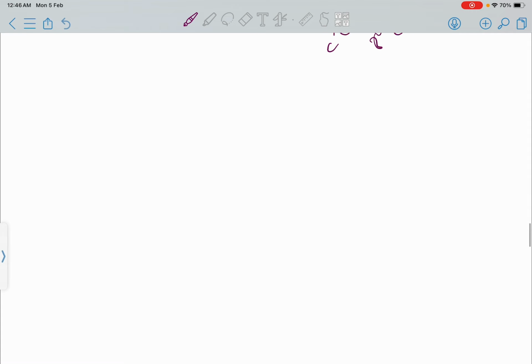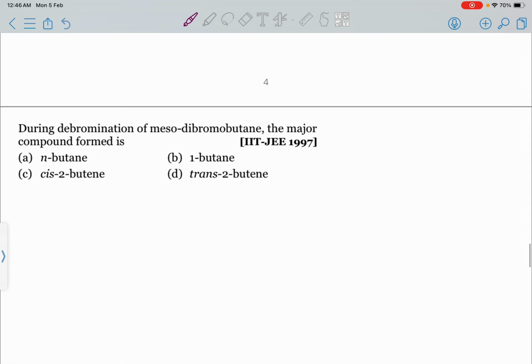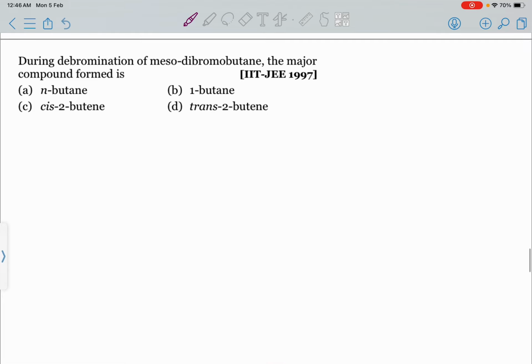We'll be moving further, and as we move further, we'll be learning more and more. And next, dehalogenation here. During debromination of meso-dibromo, the major product formed is the dehalogenation of vicinal dihalides. What dehalogenating agents can we use here?